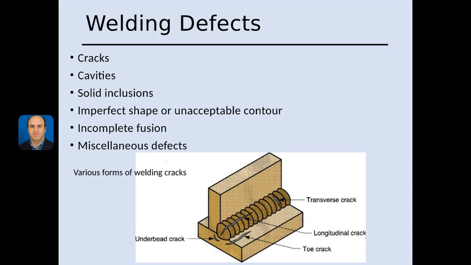Some of these discontinuities are listed, like cracks, cavities, solid inclusion, imperfect shape, incomplete fusion, and other defects. You see here we have a transverse crack. This area shows a longitudinal crack. We have a toe crack. This area is called toe, and this part is called root.